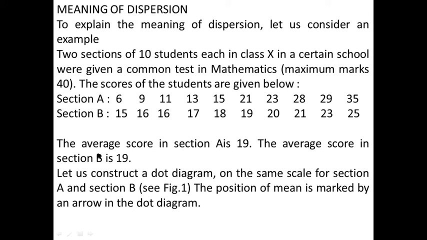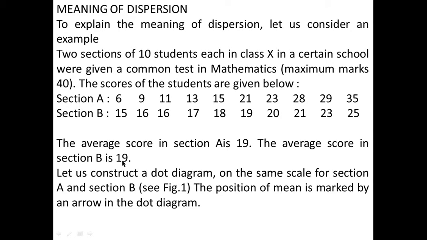The average score in section A is 19, and the average score in section B is 19. That means the mean of both schools' 10 students is 19.